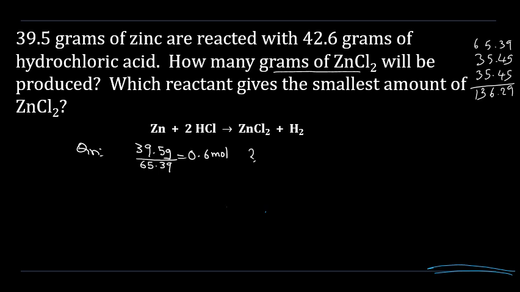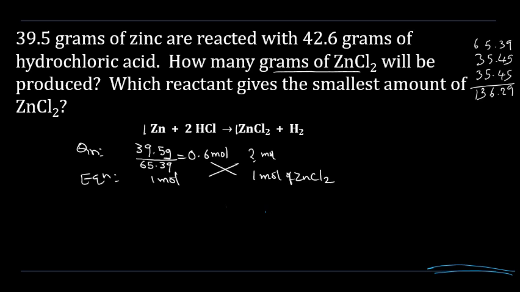And I will see from the equation how many grams of ZnCl2 is formed, but I can see the moles first and then convert it into grams. So from the equation, 1 mole of Zn, that is the coefficient here, and the coefficient of ZnCl2 is 1 mole. So 1 mole of ZnCl2, and then cross multiply.